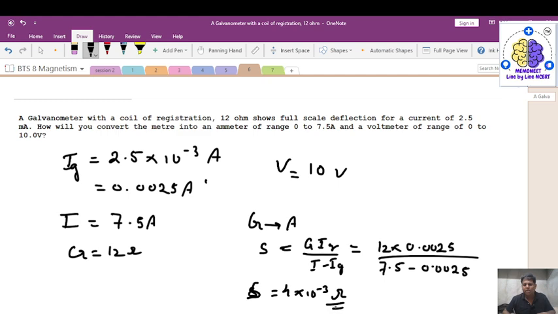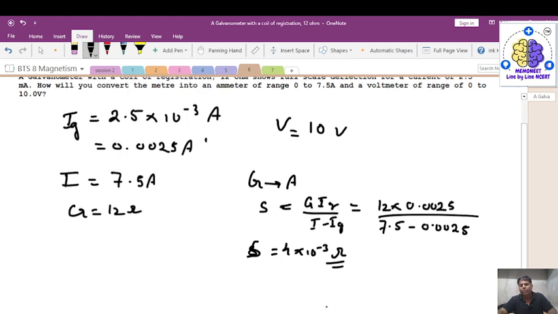This is the value of shunt which, when connected to the galvanometer, will convert it into an ammeter of range 0 to 7.5 ampere.